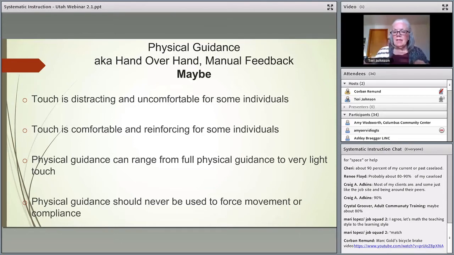Unfortunately, what has happened is that some people misunderstand physical guidance to be forced compliance, and that is not what we're talking about. Forced compliance is not okay. Physical guidance for the purpose of teaching is different, and so sometimes the discussion needs to be just an understanding about what we're actually talking about.